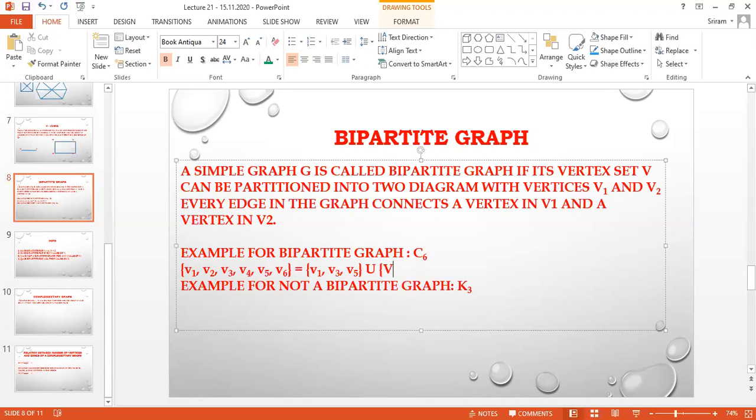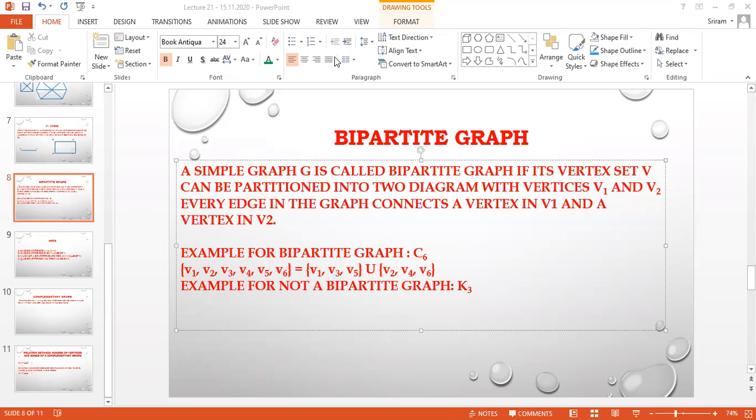What are all the remaining vertices I have? I have V2, V4 and V6. So the basic idea, I have to divide the given set into two parts so that what will happen?